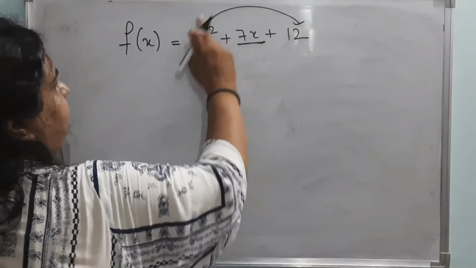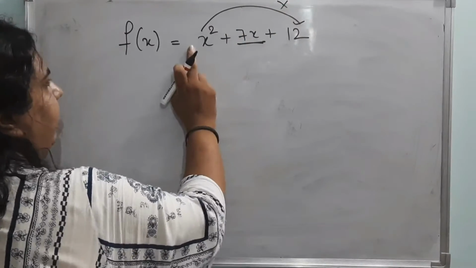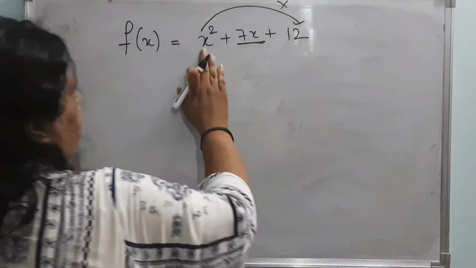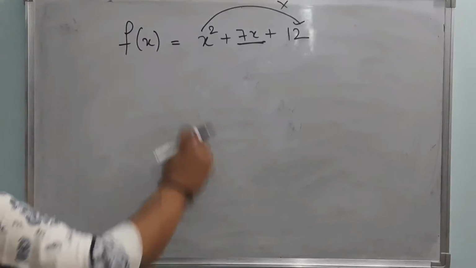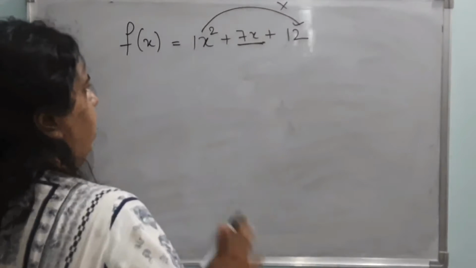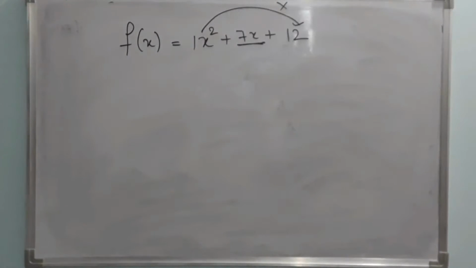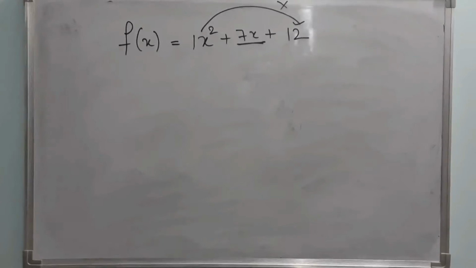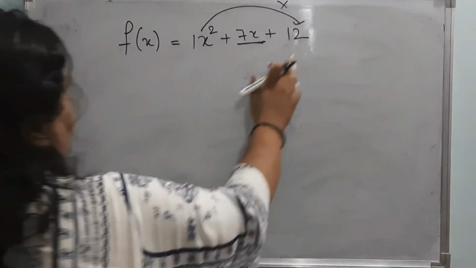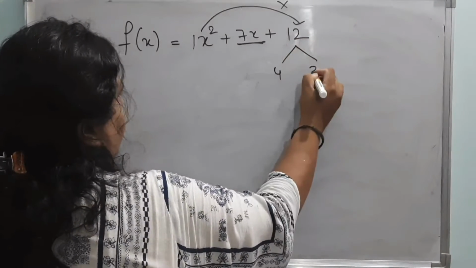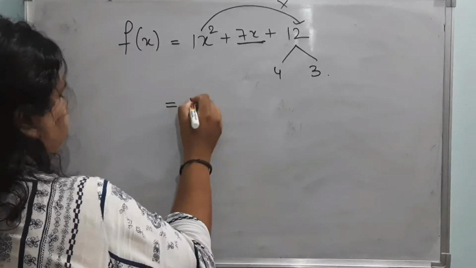First step is to multiply the coefficients only, not the variables. So 1 into 12 is 12. Now factorize 12 in a way that you get the middle term by adding or subtracting the two numbers. So the factors of 12 are 4 and 3.